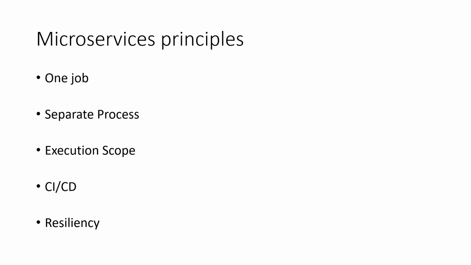Although microservices can expose themselves through an API, the focus is not on the interface but on running components. The next one is about CI/CD. Each microservice can be continuously integrated and continuously delivered.